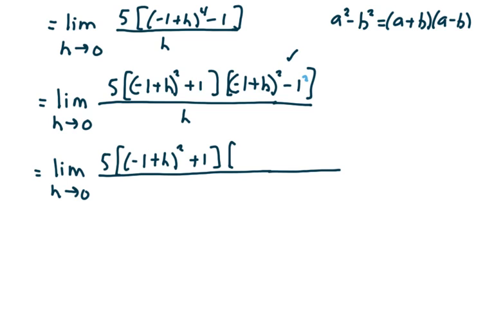And so I could write this as negative 1 plus h plus 1. Here, I'll put parentheses around the negative 1 plus h for emphasis. And then I'm going to multiply by negative 1 plus h minus 1. And then I'm dividing by h.